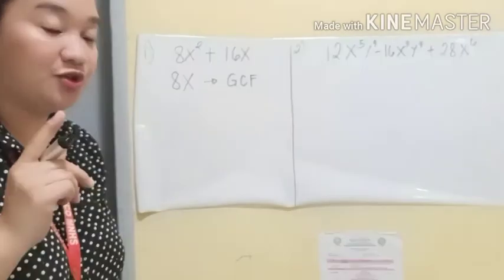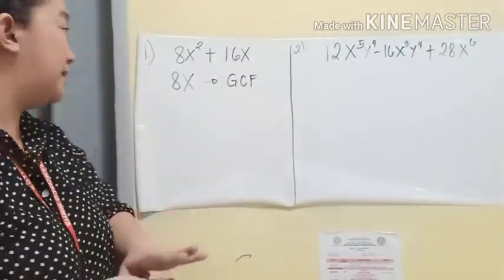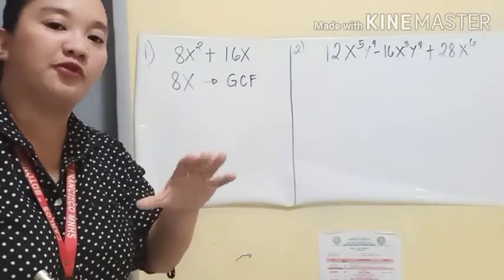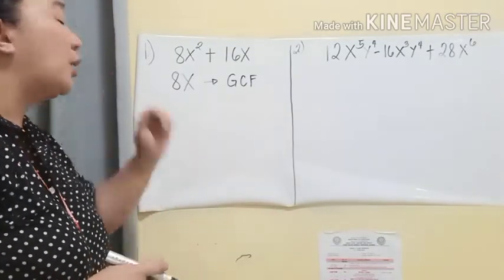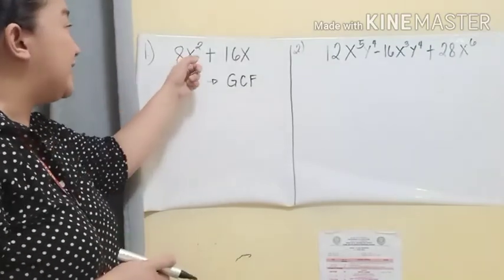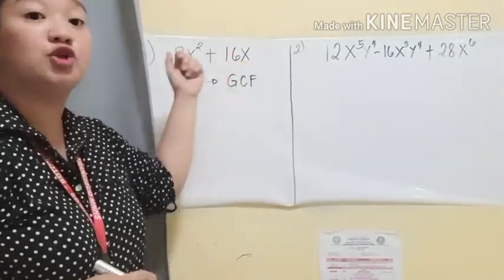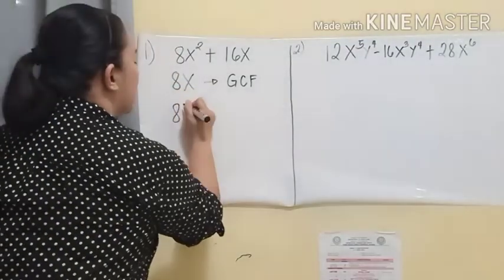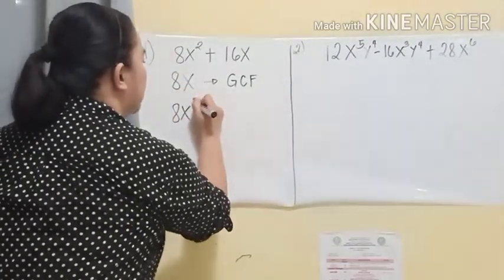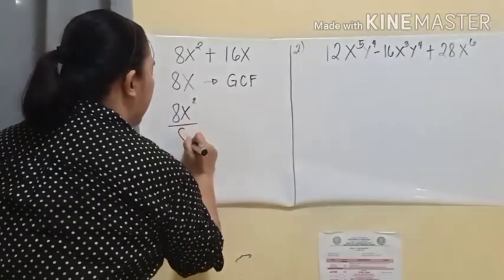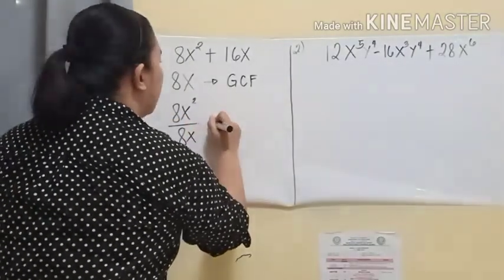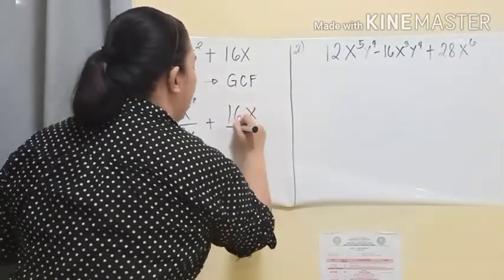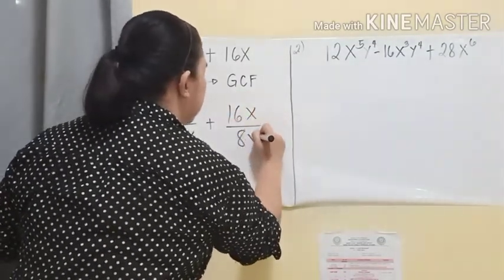The next thing to do is to get the other factor because 8x is already one of the factors. We have to look for another factor. To do that, we need to divide 8x squared plus 16x by 8x. So let's do 8x squared divided by 8x plus 16x divided by 8x.